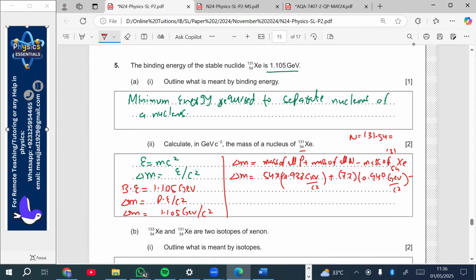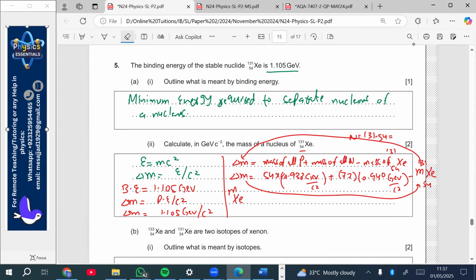And finally, you will find out the mass of the xenon from here. Okay, this is what actually we need to find out. Not the mass defect, so the mass defect we already have. We are just taking this here and putting it here. And finally, the mass of the xenon nucleus.